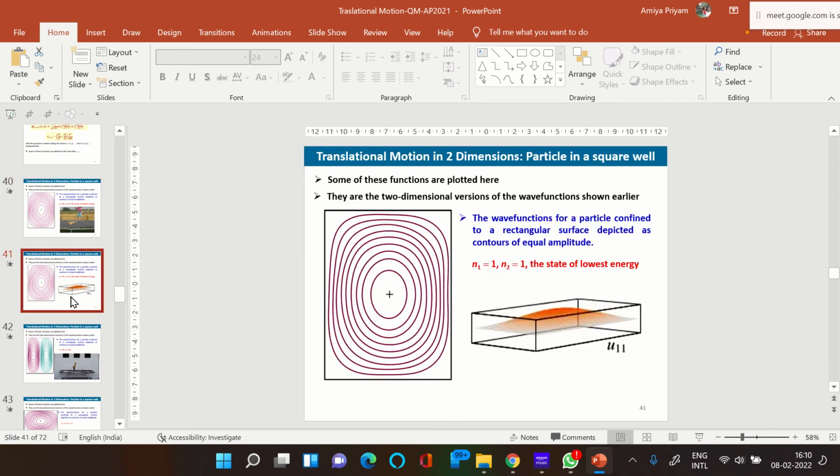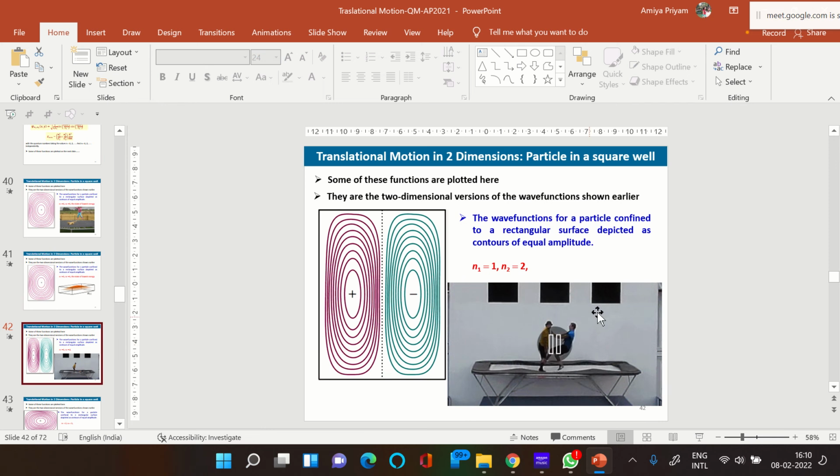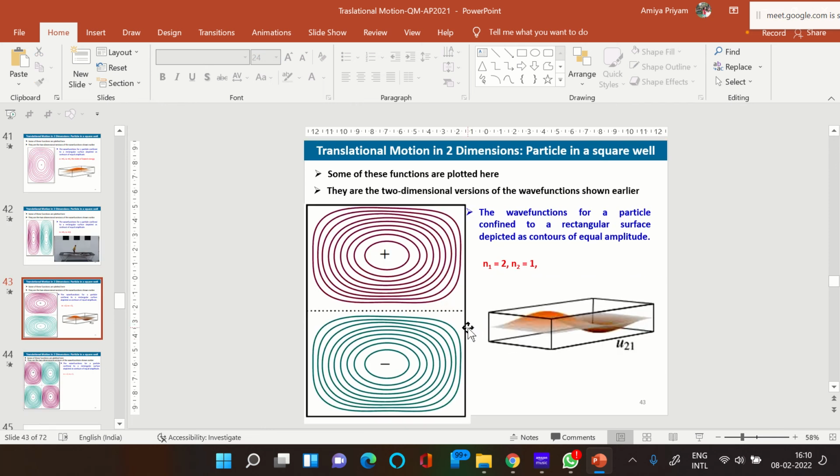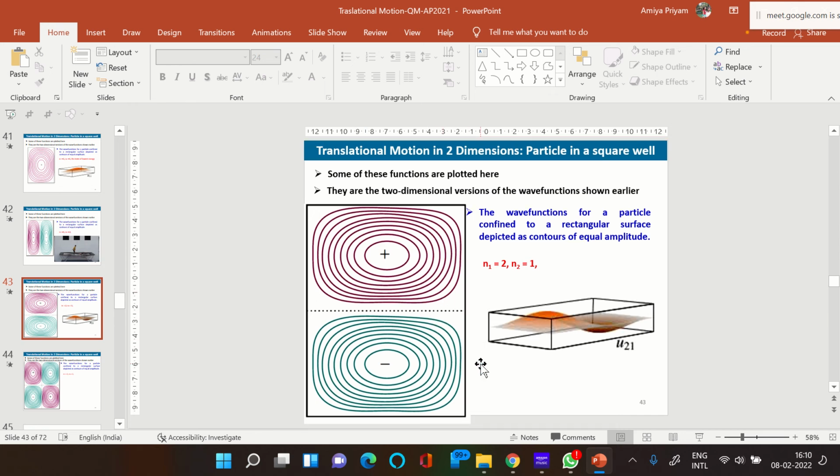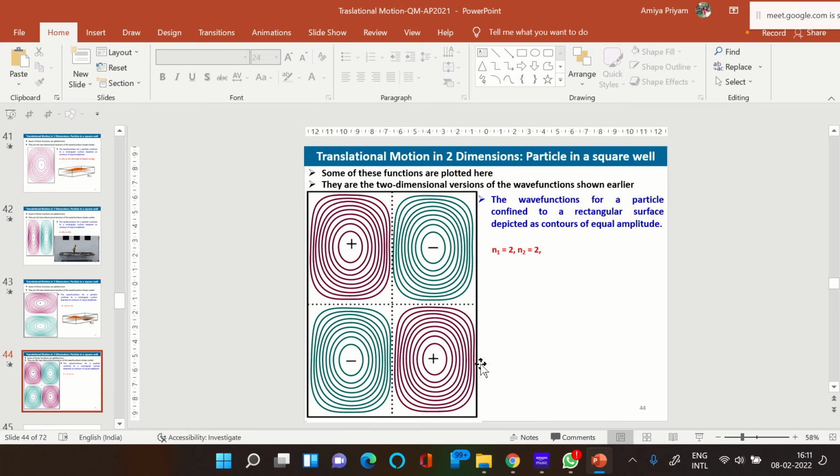Second is when you have 2 1 or 1 2, or in a rectangular case you can have this kind of thing, but in a square well both will be equal. And the third case that we are discussing is n1 equal to 2 and n2 also equal to 2.